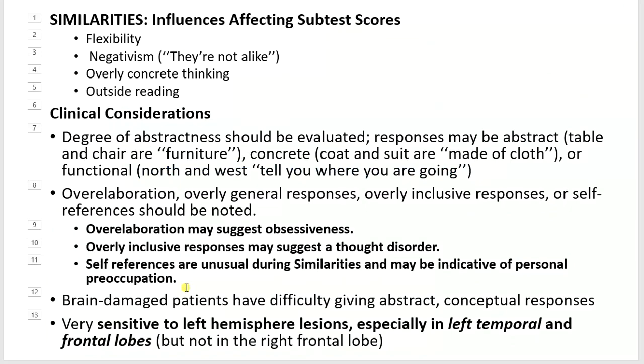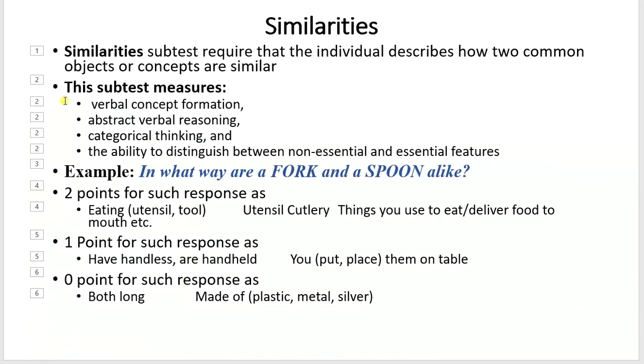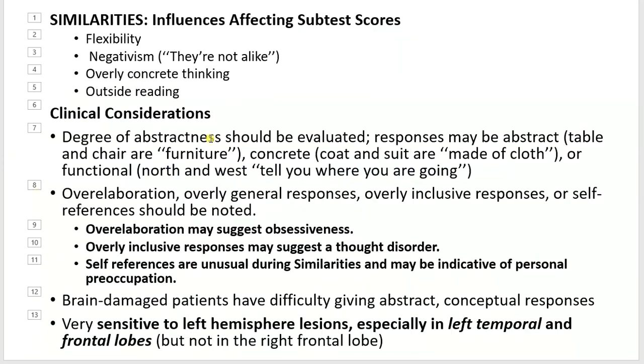So I am presenting this in the same way. This test measures these things. These are the factors. If you are flexible in your thinking, if you are adopting a flexible problem solving approach, it means you can shift from one mental set to the other, then your scores will be positively influenced. You will score higher.